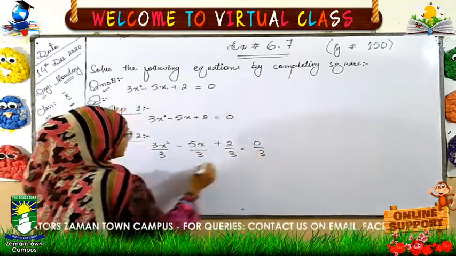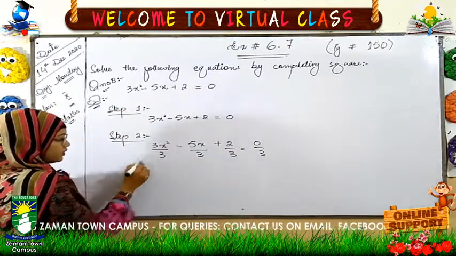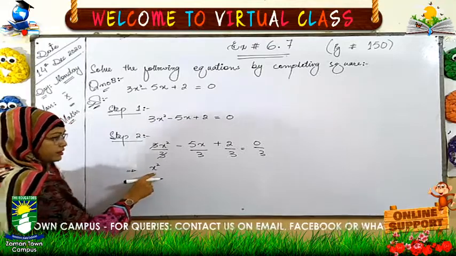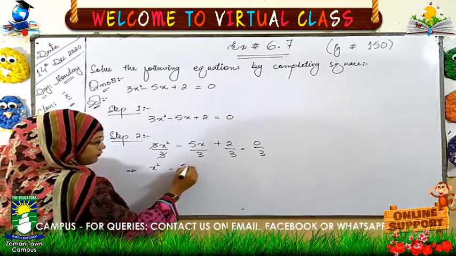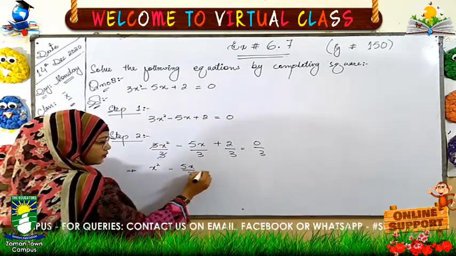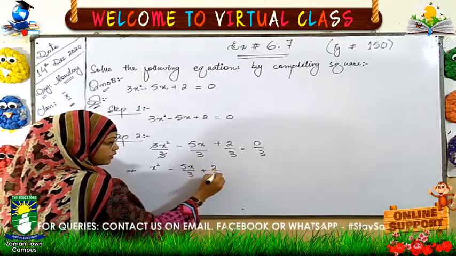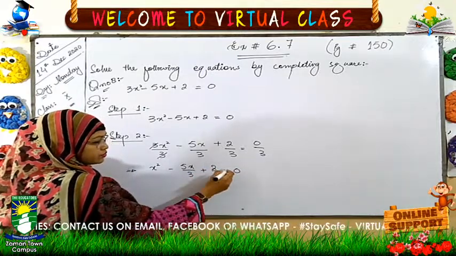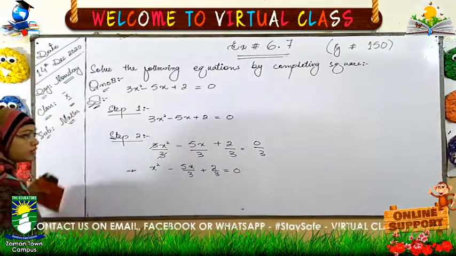After simplification, 3 by 3 will be cancelled and x square remains, minus 5x upon 3 plus 2 upon 3 is equal to 0. Why is it equal to 0? Because 0 divided by 3 is equal to 0.